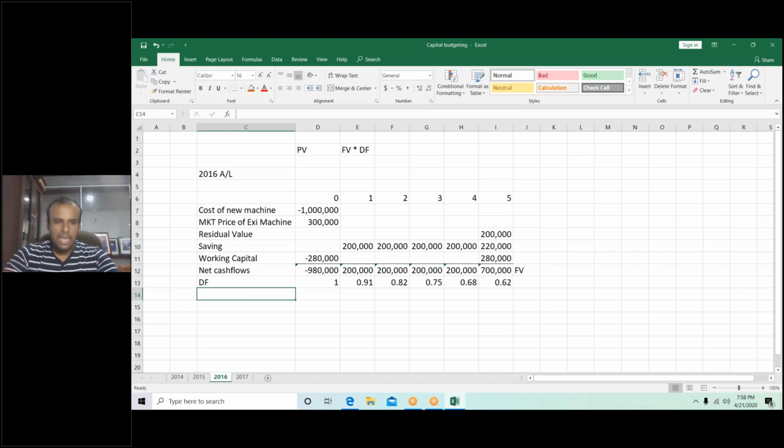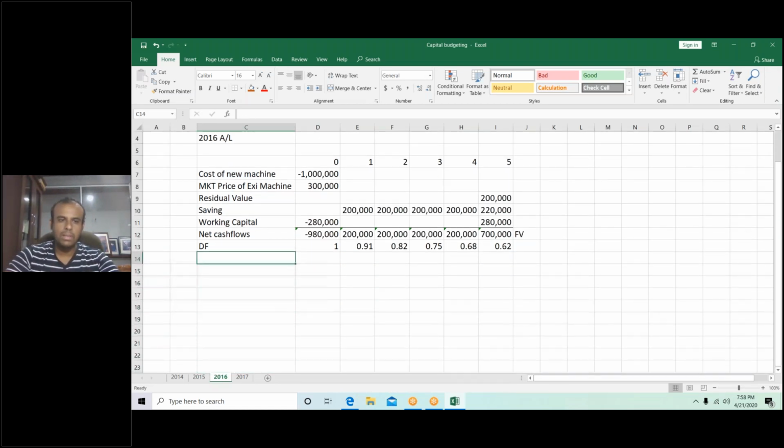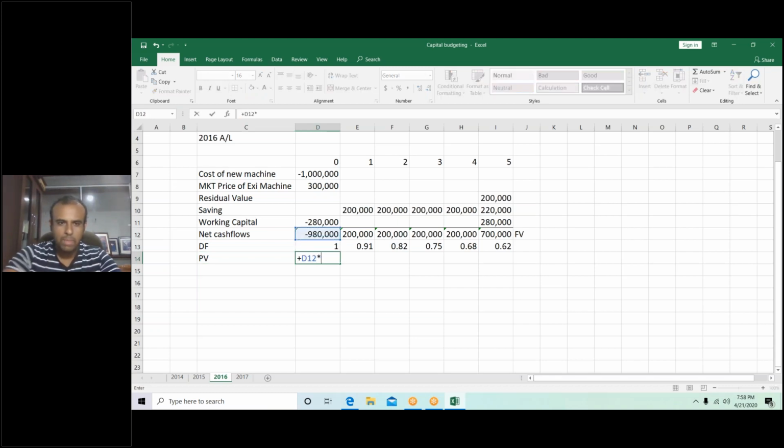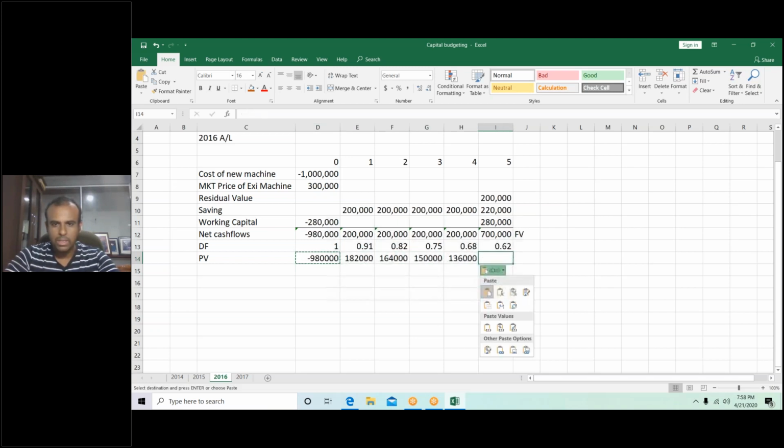Then these net cash flows, which are in the future values, you multiply by the discounting factor, then you'll get the present value. Now everything is in present terms, right? Okay. Now do the calculation. Future values you multiply by the discounting factor. It's 980, and you can apply the same formula for the rest.